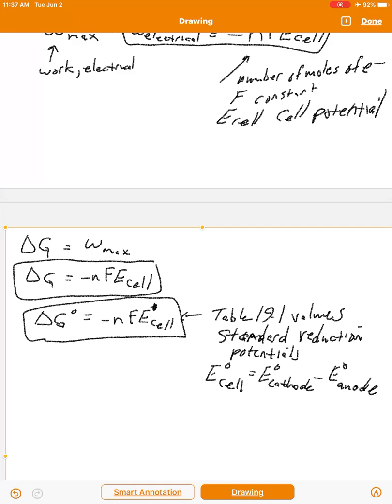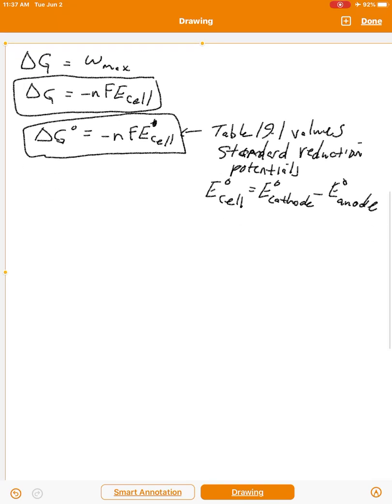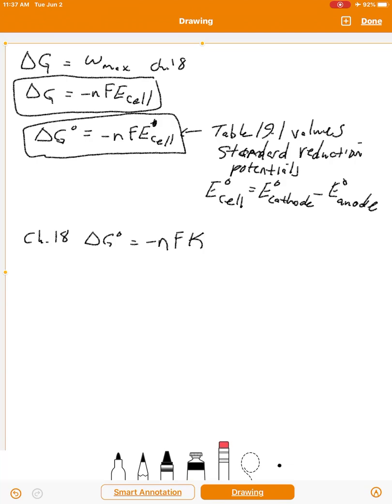Okay. Now, we can also connect it to the equilibrium constant we learned in chapter 18. So the standard Gibbs free energy change is related to the equilibrium constant, ln of K. Oops, sorry, I skipped ahead a step.